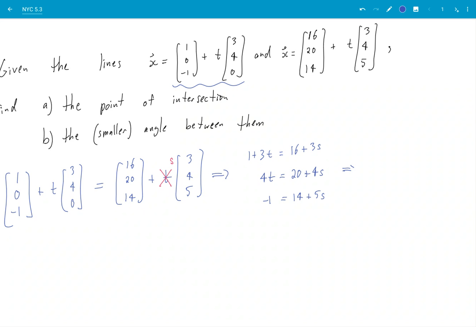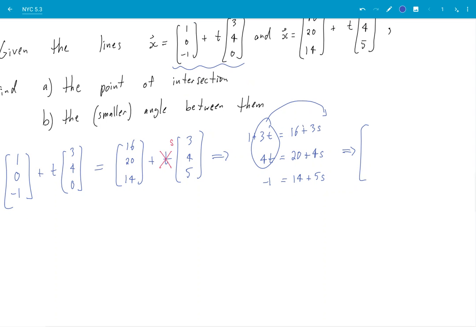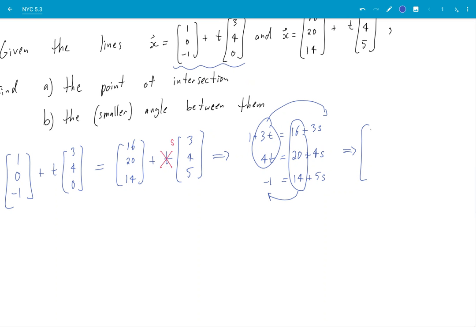Put this into a matrix. Why not? So I'm going to skip some steps here. I'll move these two t terms over here, and I'll move these constants over here. So for my s column, I'll have 3, 4, 5.